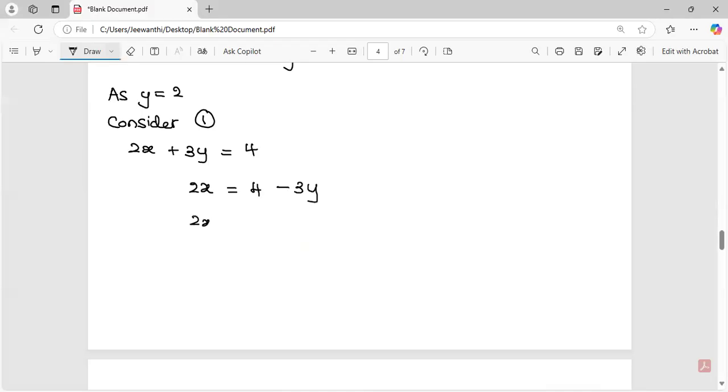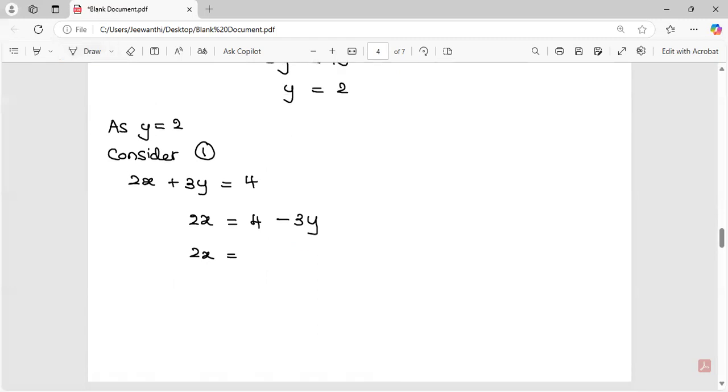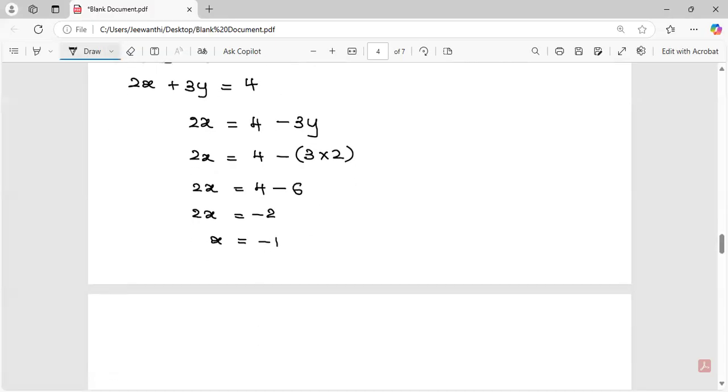So then 2x is equal to 4 minus 3 times 2. 2x equal to 4 minus 6. 2x is equal to negative 2. x is equal to negative 1. Right? So then I write there x is equal to negative 1 and y is equal to 2.